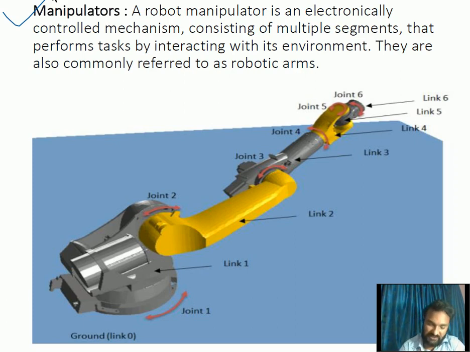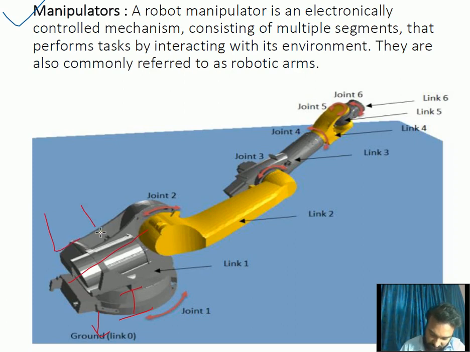Now in this particular photograph, you see this one is the ground link. From the foundation up to this height, consider it as link 0. Next one is link 1.